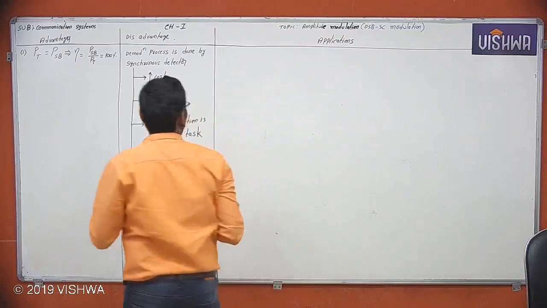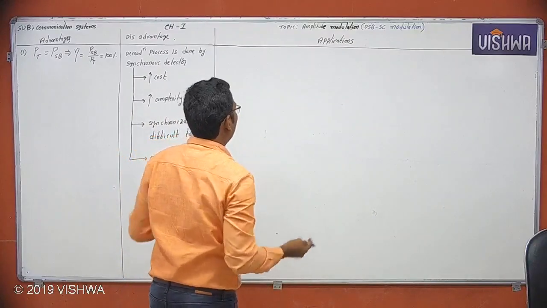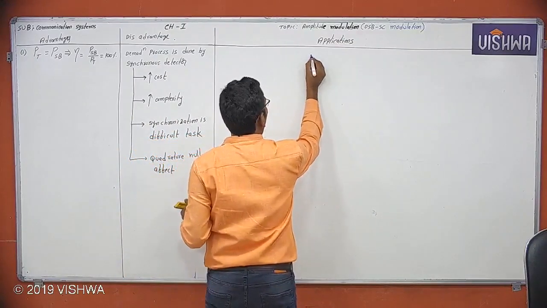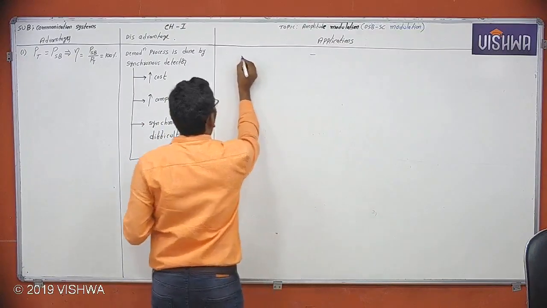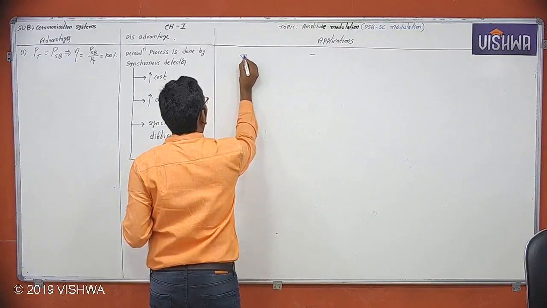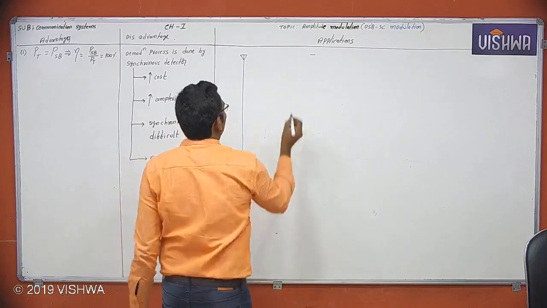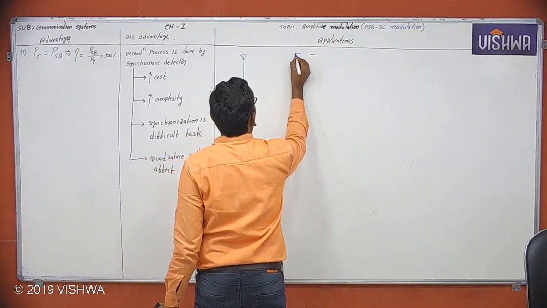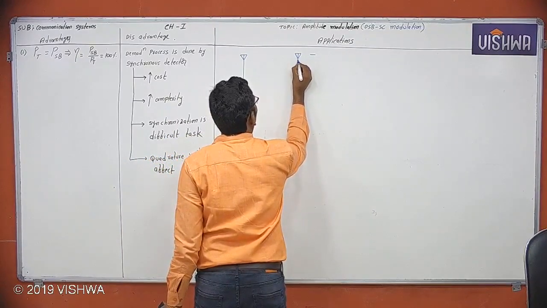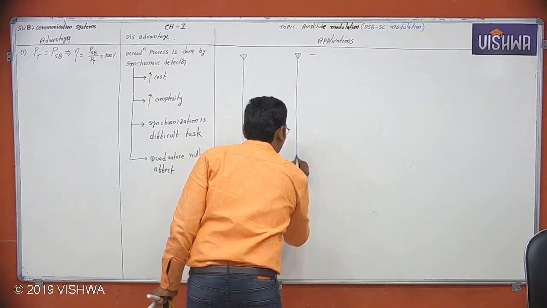Now, if you observe here, I will explain with a small example. This is the transmitting antenna and this is the receiving antenna.